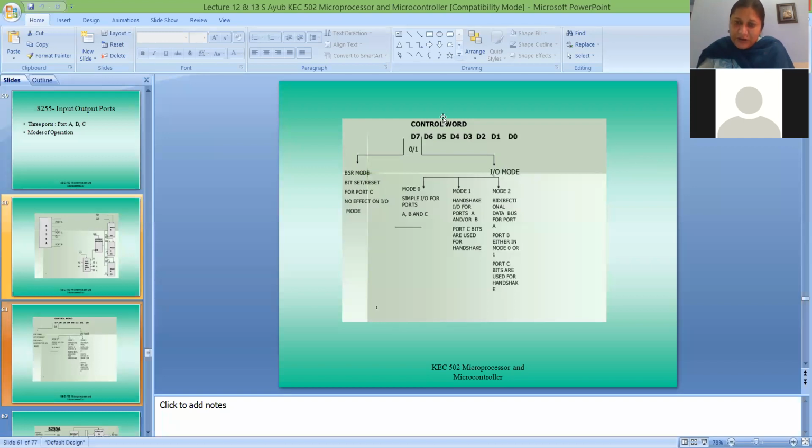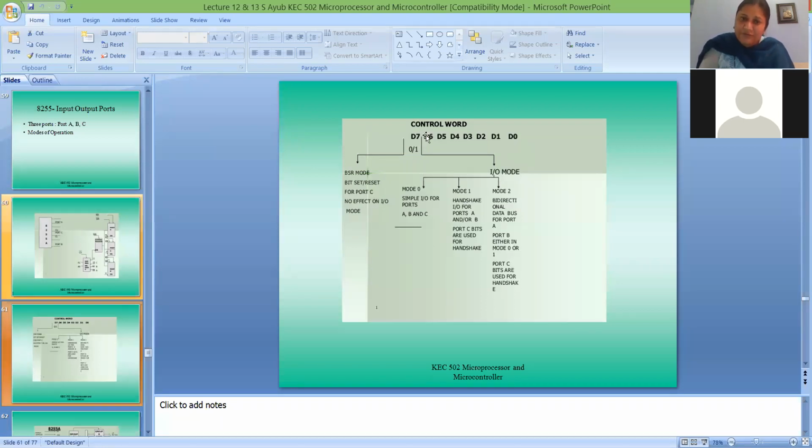This control word is an 8-bit register, so it has a pattern from D0 to D7. If the D7 bit is 1, then my 8255 is operating in input output mode. But if this bit is 0, then it operates in BSR mode.